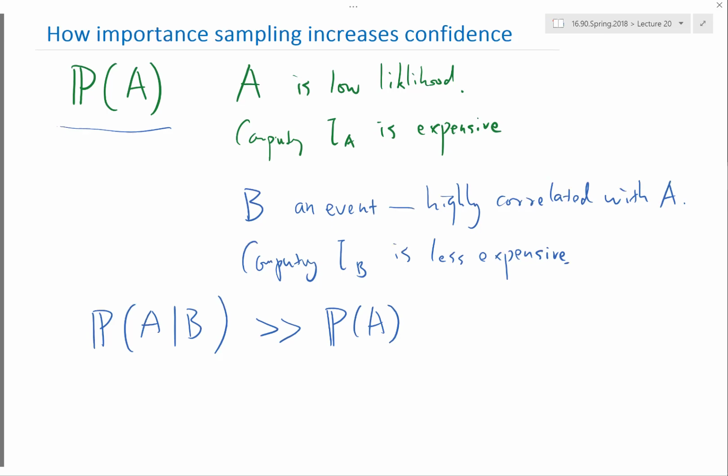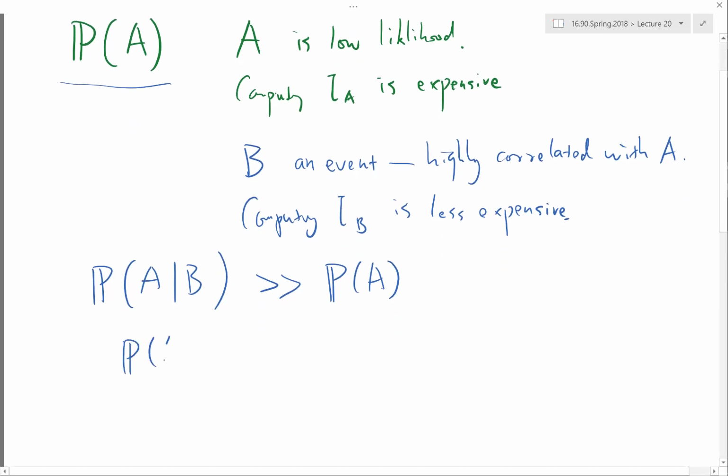Can you say again? Sorry. But the probability of A given B is the probability of A times the probability of B. No. A and B divided by the probability of B, right?